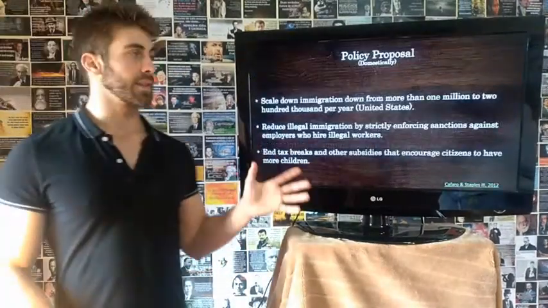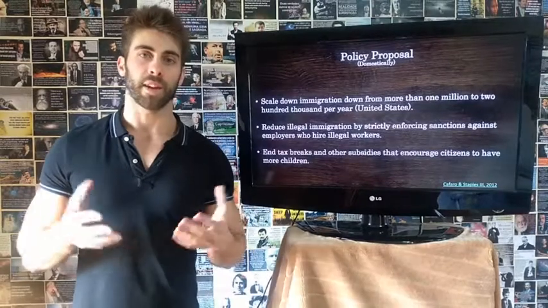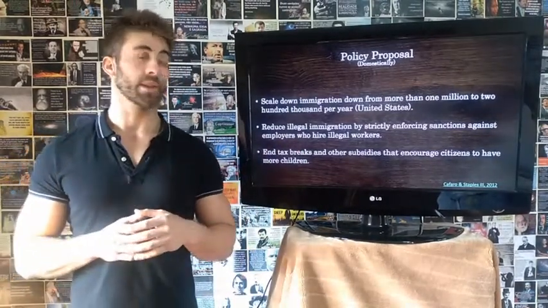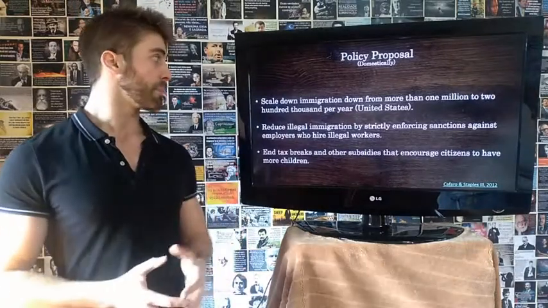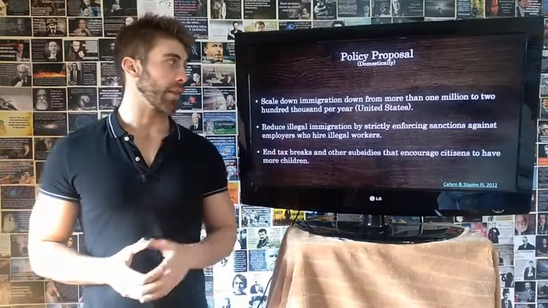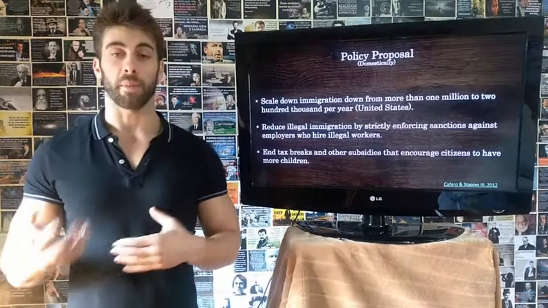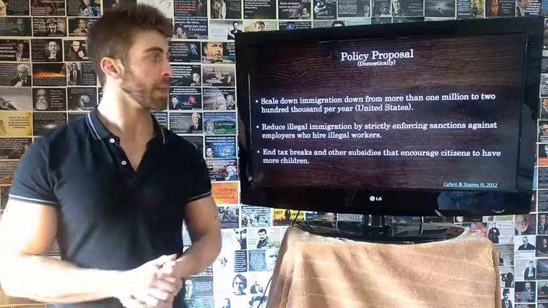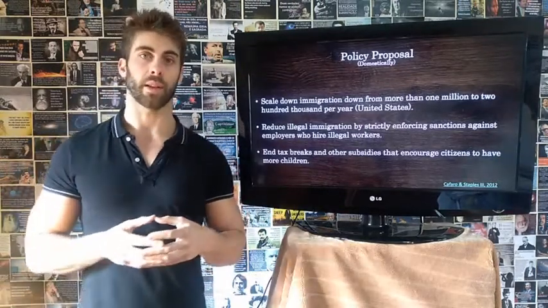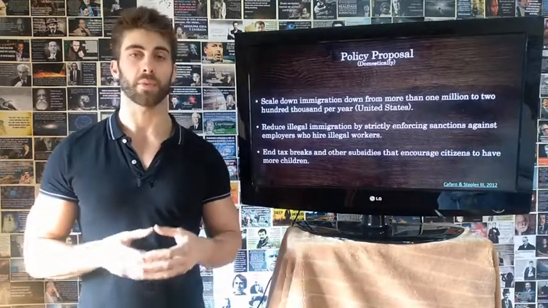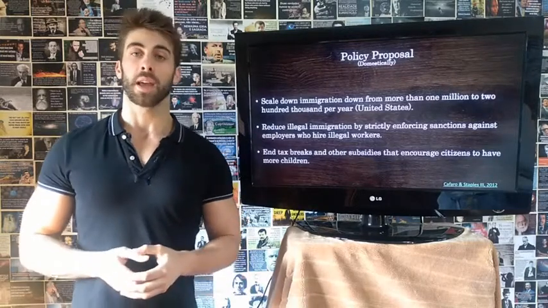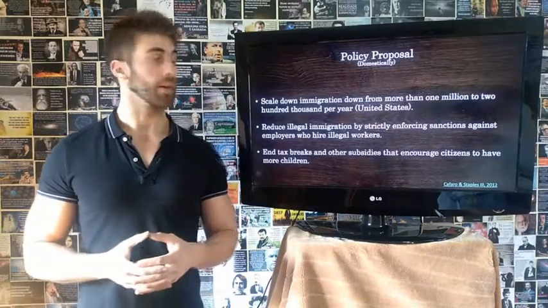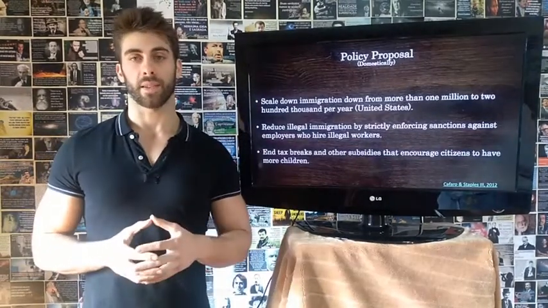To not leave this just in the ether, and to provide some policies as well, I would suggest that, in terms of domestic policies, there would be a scaling down of immigration from more than 1 million to 2,000 per year in the case of the United States. This would still allow people who are looking for a better life to relocate to that country, and refugees, climate refugees and political refugees, to still seek asylum in these countries.